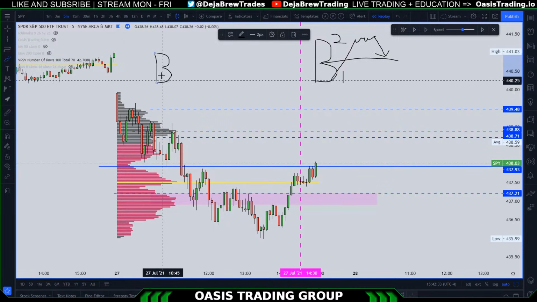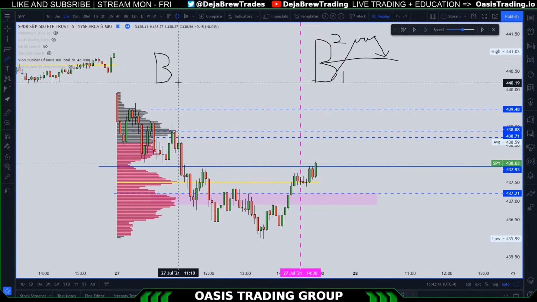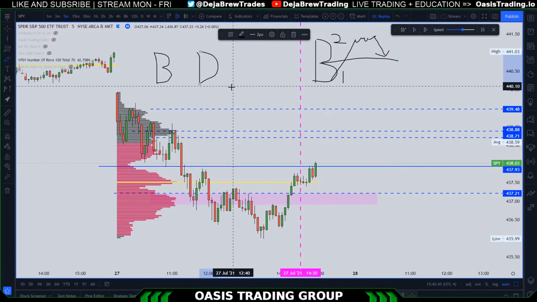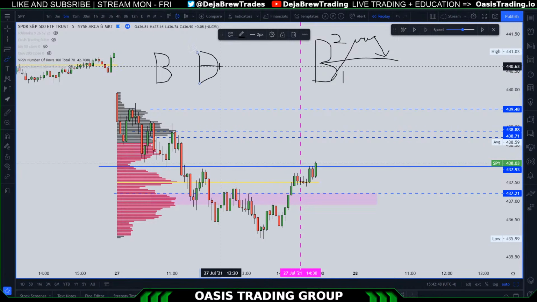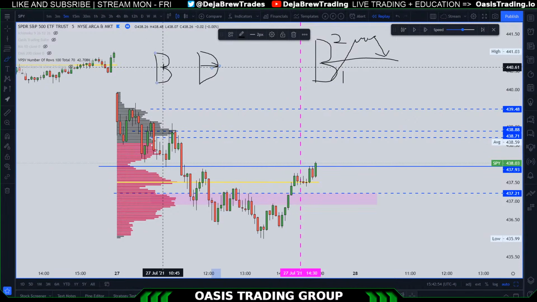So imagine we have a profile like that, but then imagine price does something like this and it just hangs out in the middle for a long time. What does that do to the profile? It makes it perfectly balanced, because it draws all that volume towards the middle. Does that make sense? So this node would start to fill in, and then it would look like this.